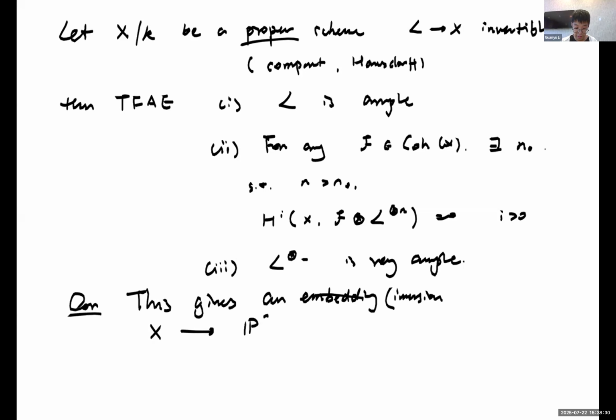And this projective space is given by this ample line bundle. And what does this mean? After immersing it, after embedding it into some projective space, we really know the geometry of our space. And that's how we study the geometry of algebraic schemes.